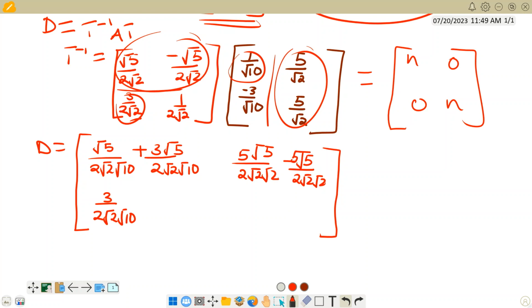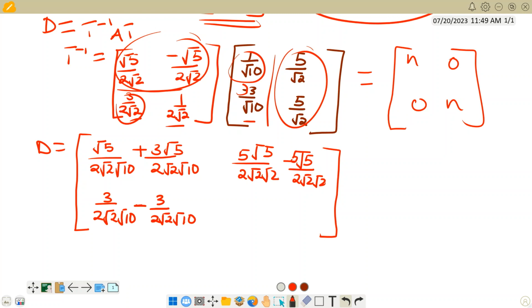I wanted to show a different method, but it's okay. Then we're adding this to the product of those, so this will be minus, because that 3 there is carrying a negative, so minus 3 over 2 root of 2 root of 10.